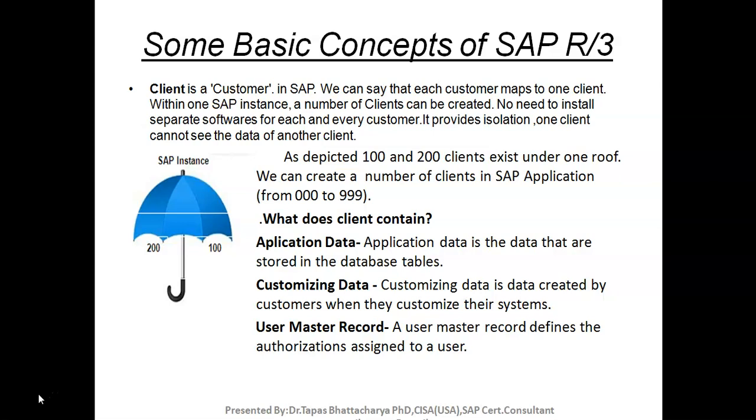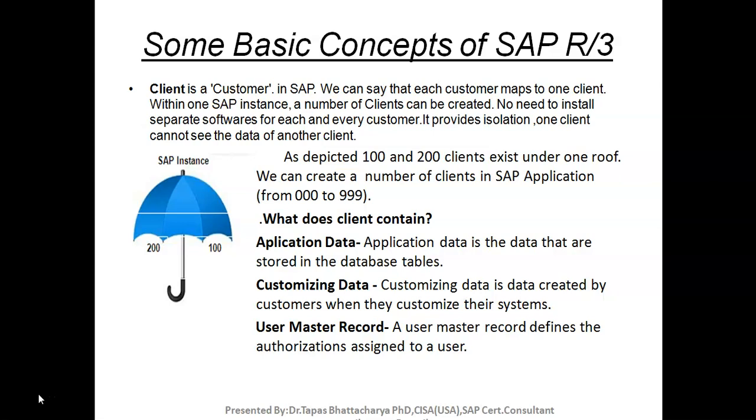And going forward, we also copy all the tables and structures for a new client, and we name it in a 3-digit figure, with the naming convention from 000 to 999. That means up to 999 clients can be created in the SAP system.